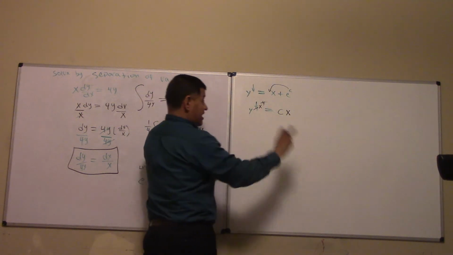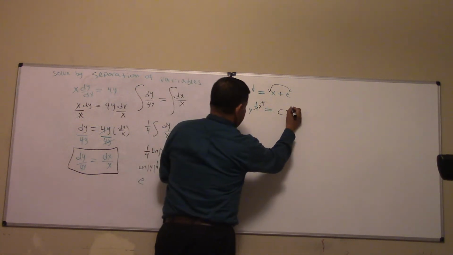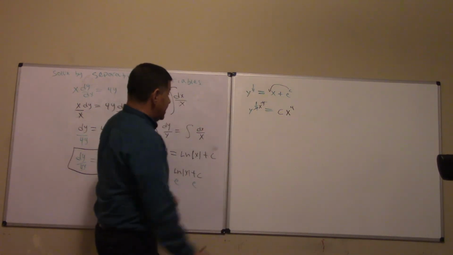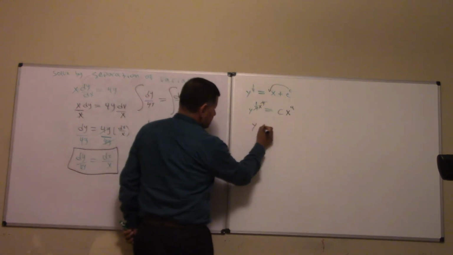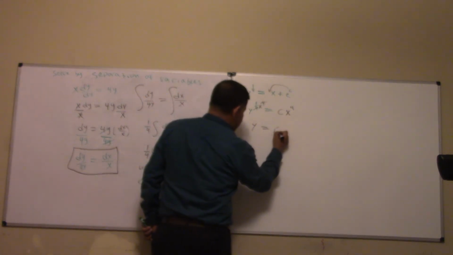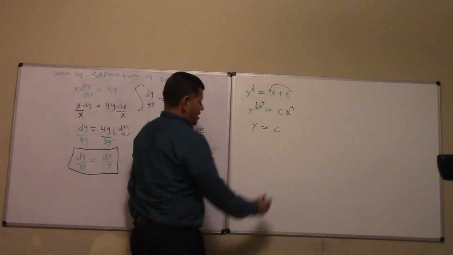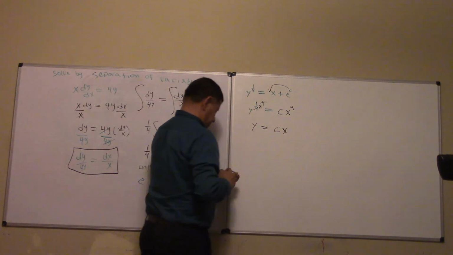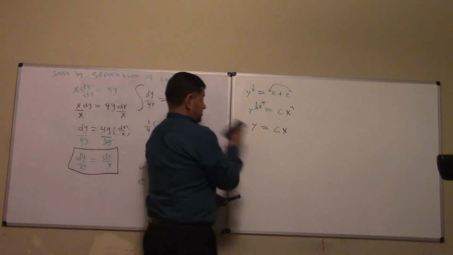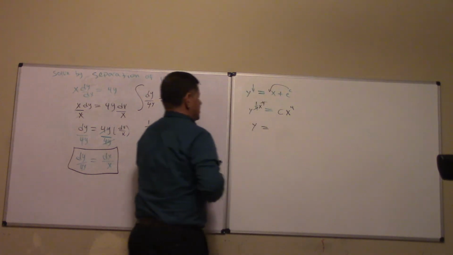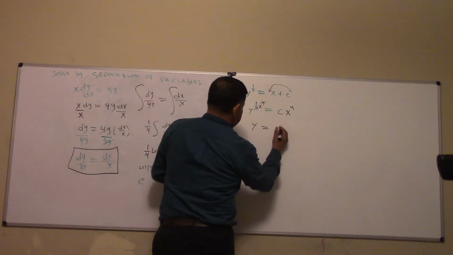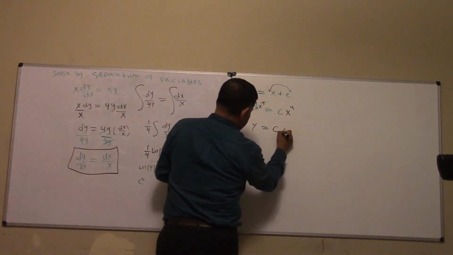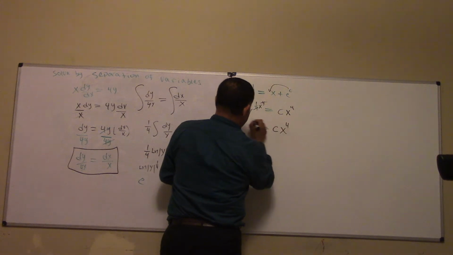And whatever I do on one side, I got to do on the other side, so just like that. Then y equal to c x to the 1/4, right?